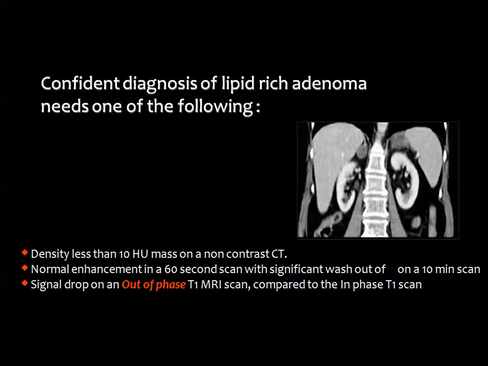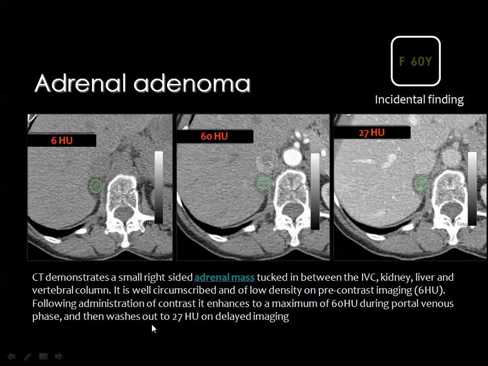Then wait for 10 minutes and scan again the suprarenal gland and measure the density in this delayed 10-minute scan. Also, one of the helpful imaging criteria is the MRI T1 out of phase, where you get marked drop in the signal of the mass in the out of phase images.